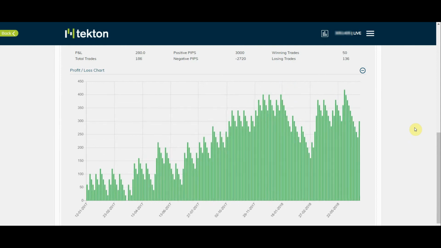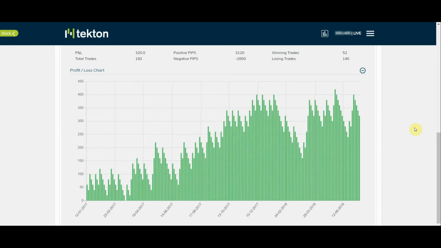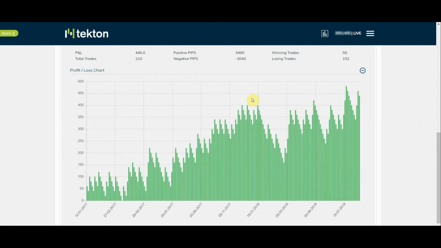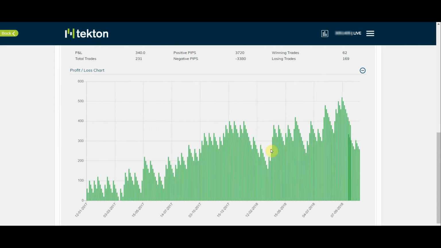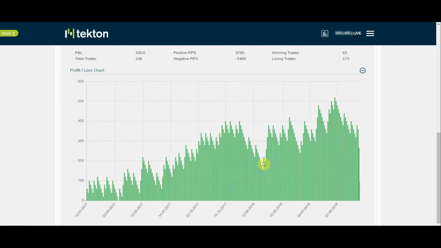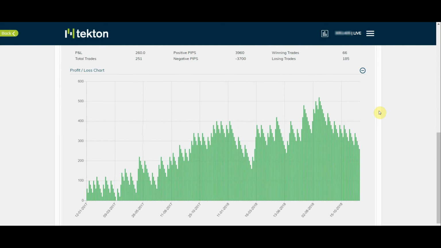It's now halfway through 2018 and now back on its upward movement again. So yes, during this time you could see there was a drawdown there of 2 months. So a drawdown from 400 down to probably 200. So a 200 pip drawdown there. But overall, it's still a profitable system.